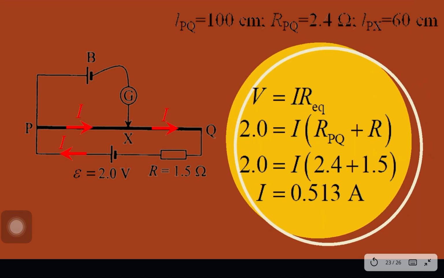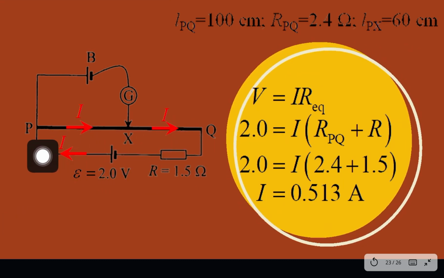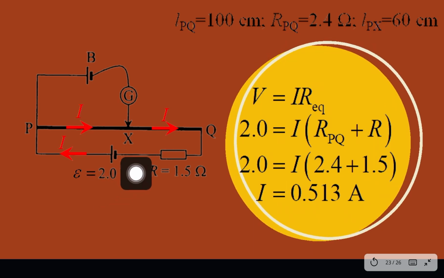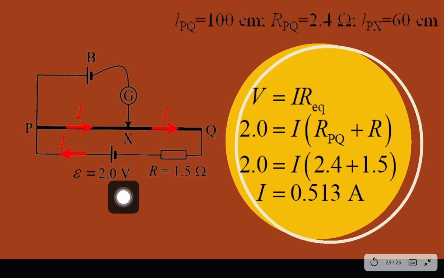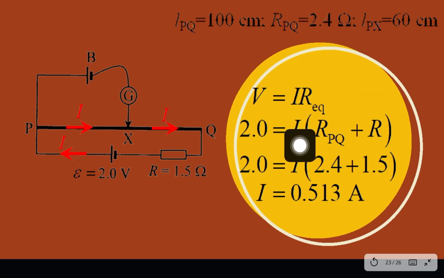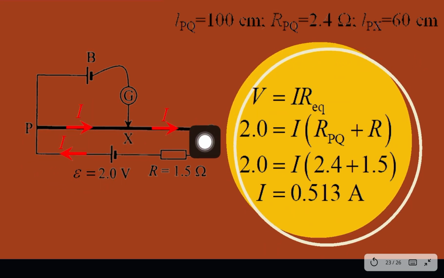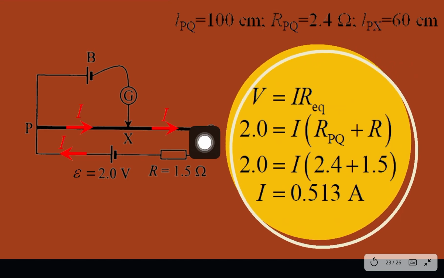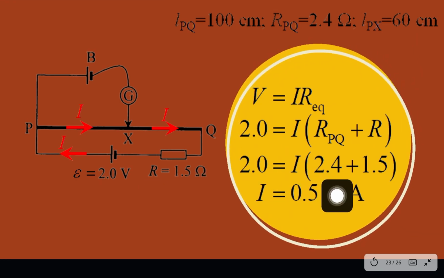Before we find that VPX, we are going to find the current passing through this potentiometer first, where we apply Ohm's law. V is equals to I R equivalent, where V is equals to 2 volt, and R equivalent is equals to, from the battery we have R passing through PQ, which is 2.4, and we have another R, which is the external resistor, that is equals to 1.5.